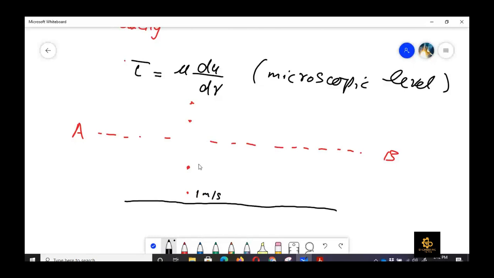Here maybe it would be 3 meter per second, and as we go away from the wall, it would be 5 meter per second, 7 meter per second, and so on.